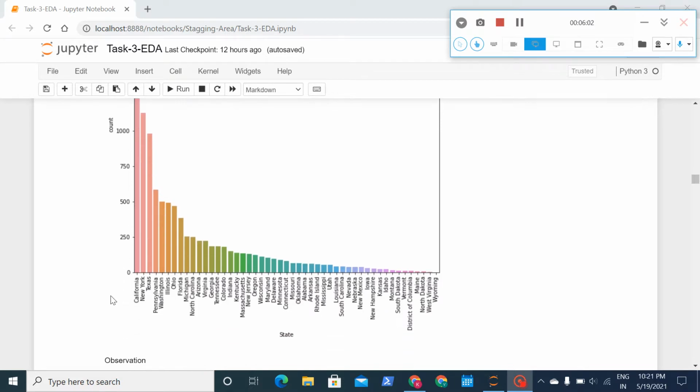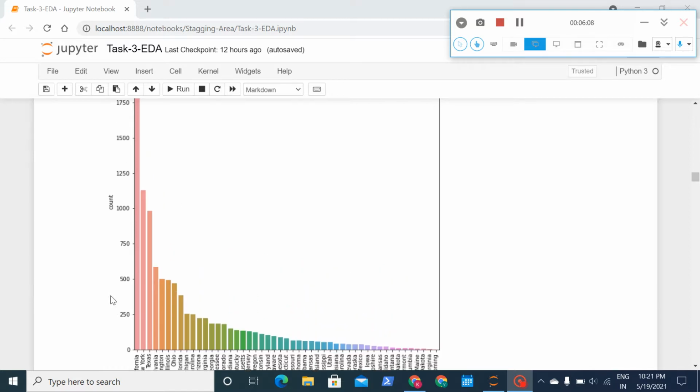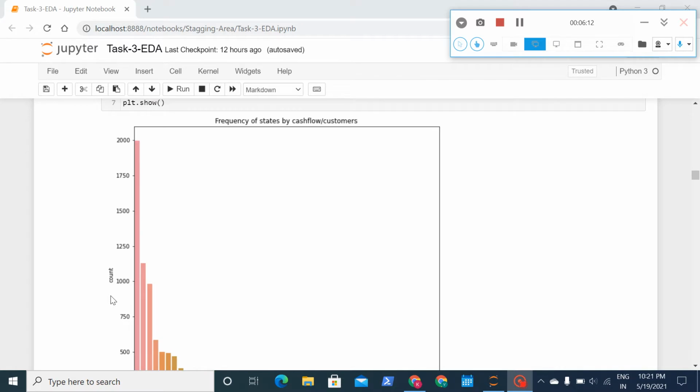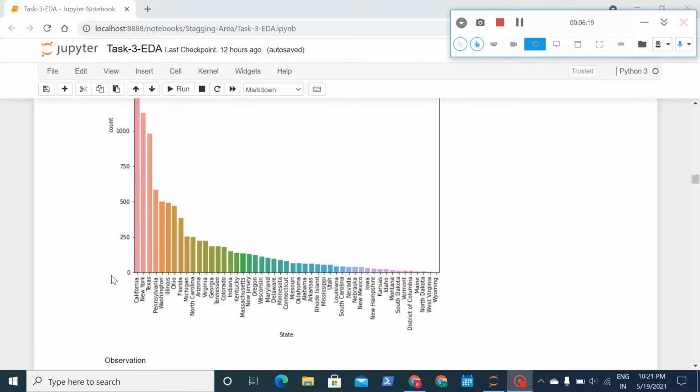Even though it doesn't depict how much sales and profit, a business needs cash flow first of all. So by improving the cash flow between the consumers and the business, only then can the business develop. So cash flow in California, New York, and Texas is comparatively better than other states. So we must appreciate these states.